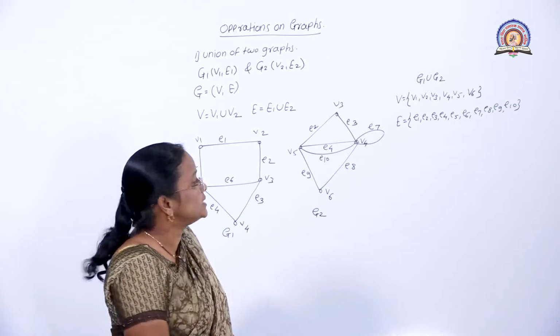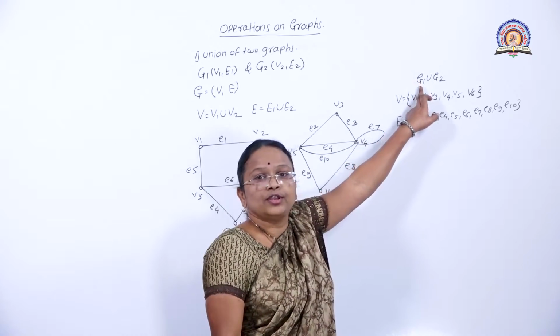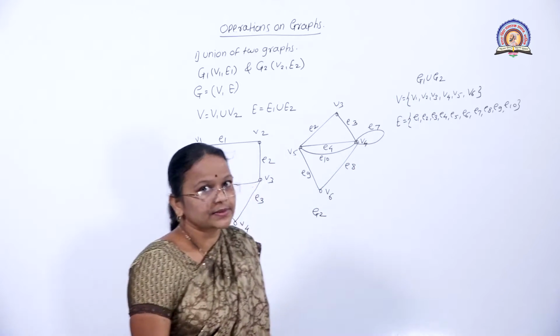So this is the vertex set and edge set of the union of these two graphs.